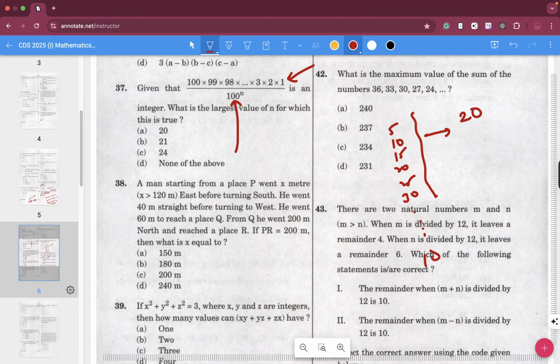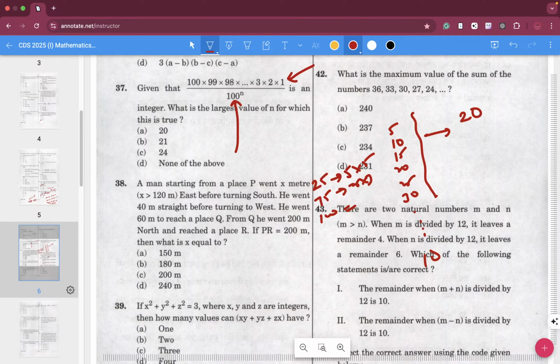Now we have 25 also. 25 is 5 into 5. 75 is 25 into 3, and 100, how much is that?